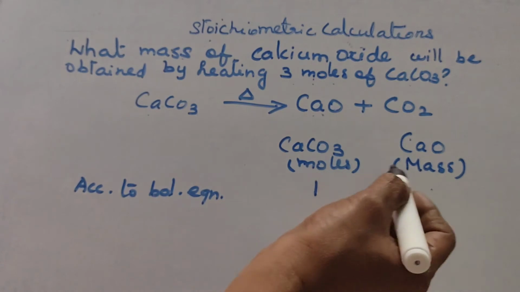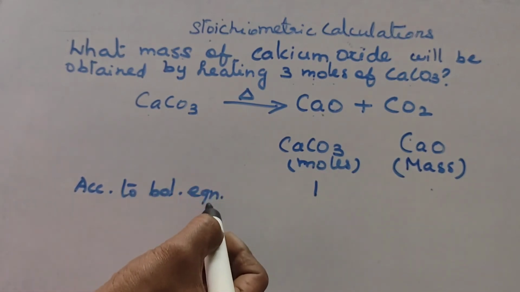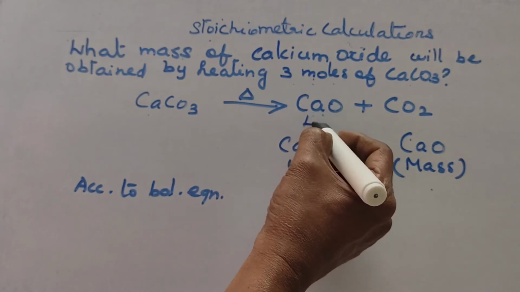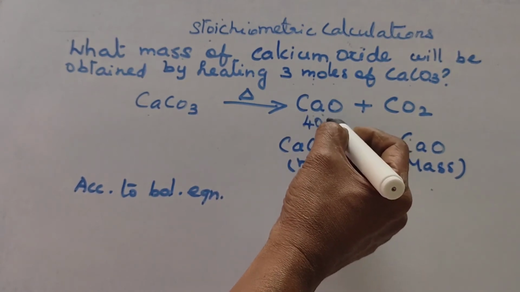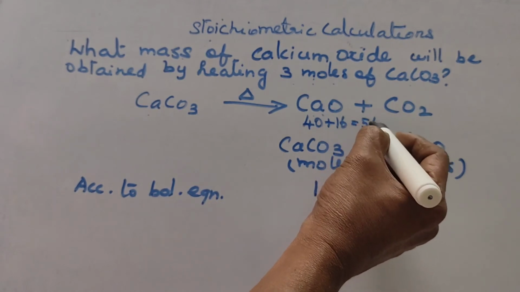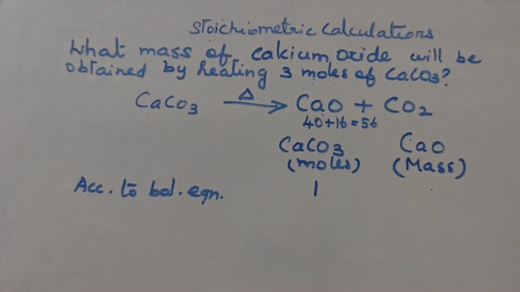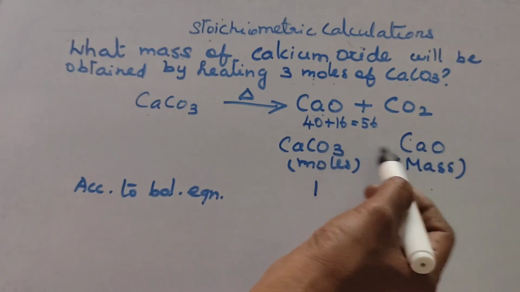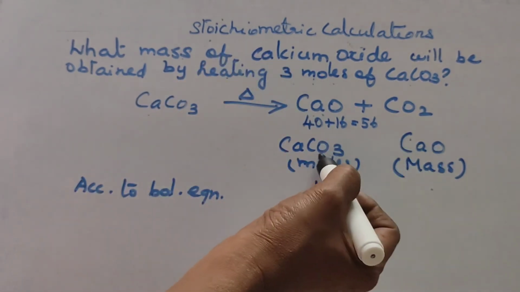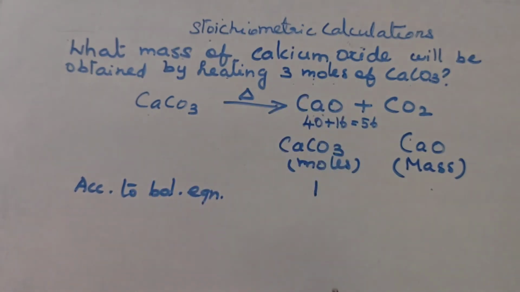The same we have to follow in the balanced chemical equation also. So, here calcium, its mass is 40 plus oxygen, it is 16. So, 56 gram of calcium oxide. What two things are interrelated in the sum, the same two things we can interrelate in the problem also.